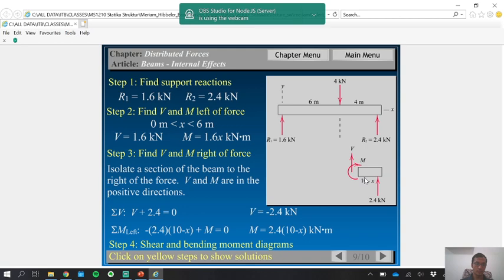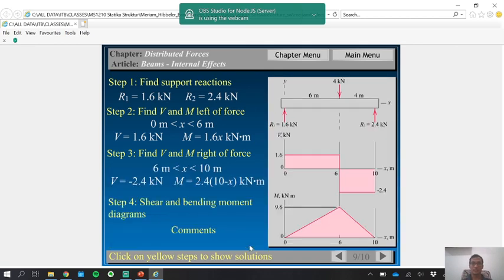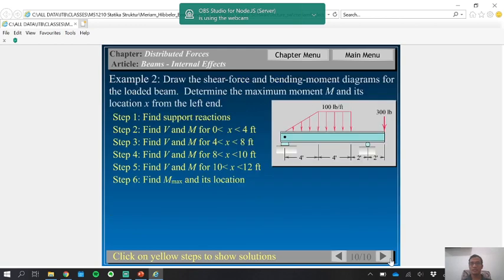This is one of the cases that I wanted to talk about, why there is a jump there. Okay, then I will discuss another problem here.